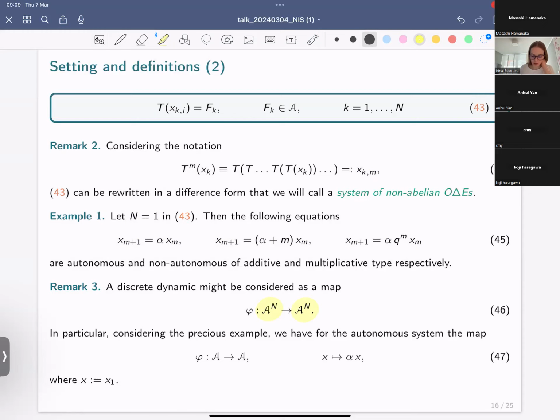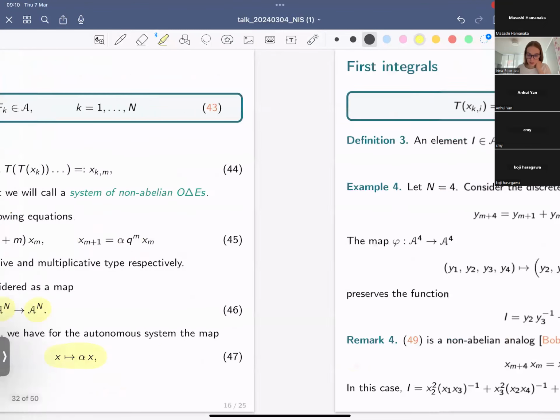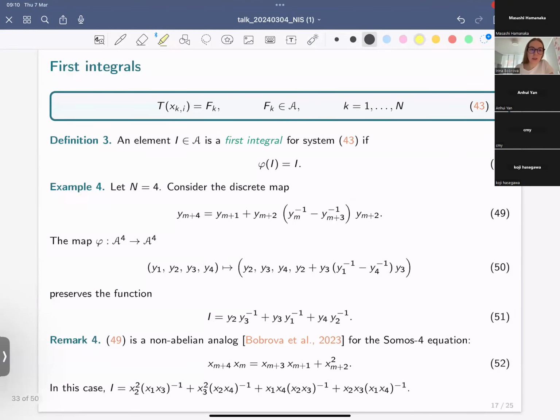In particular, if we look at this equation from example 1, this map is just given by this scaling, where we have denoted x1 just by x. Now let us discuss first integrals.